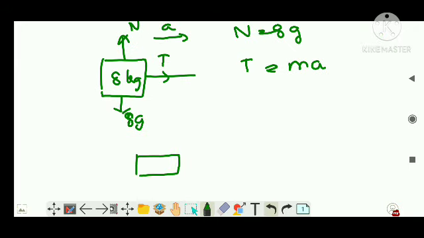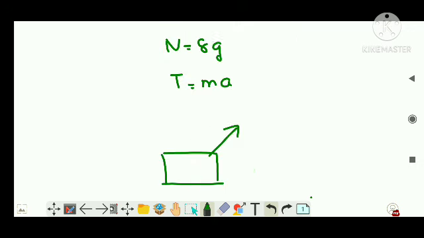Let's say, I have to change the position of it because it has an angular force of 30 Newton. Now what are the downward forces? 7g, because the mass is 7, upward force is N, there is an acceleration in this direction.